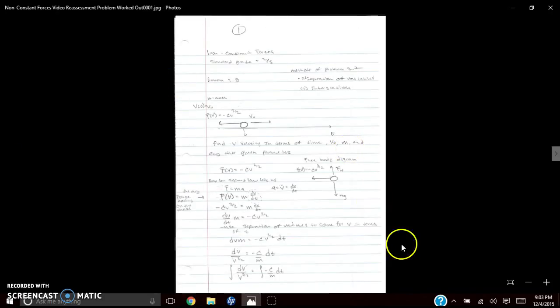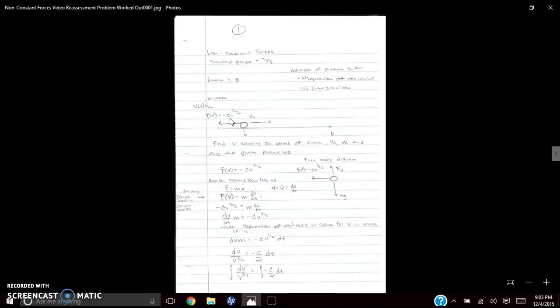Basically, I already cleared up what it was saying where it says the method of problem 2.7: that's just separation of variables and integration. Starting off with the visual, our mass is coasting along the x-axis. It starts at t equals 0 with initial velocity v naught in the x direction, but it's subject to a drag force, F of v equal to negative c v to the 3/2, where c is a constant.